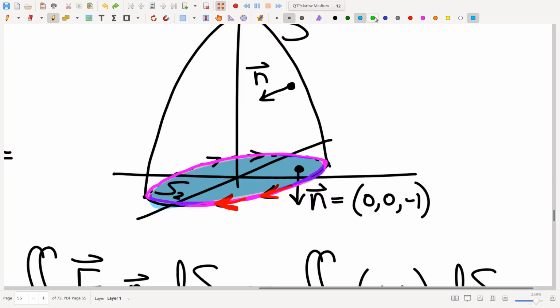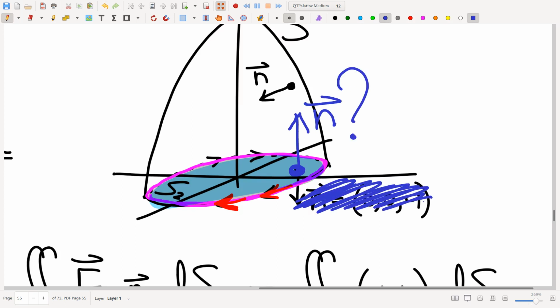Let's do it wrong first, just to see what wrong looks like. Suppose I said, "Hey, let's orient this S2 upward." Well, if we went upward, with right hand and side swipes and all of that, we'd be going the wrong way.